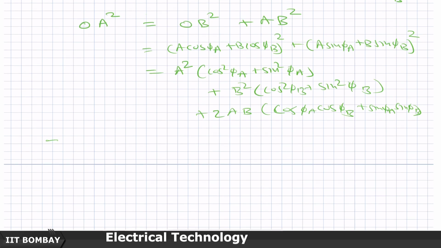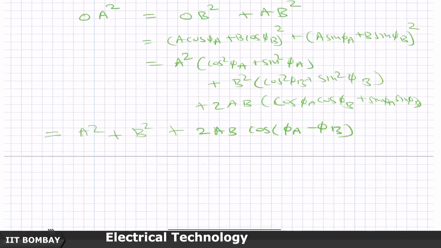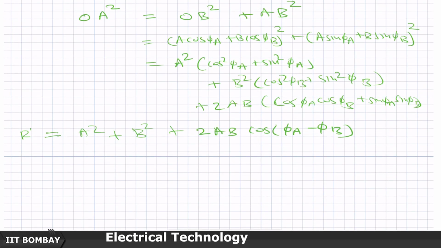But cos square theta plus sine square theta being 1, this is A square plus B square, and cos A cos B plus sin A sin B is cos of A minus B. So therefore the length finally, OA square, or I'll write it as the square of the resultant, is this.